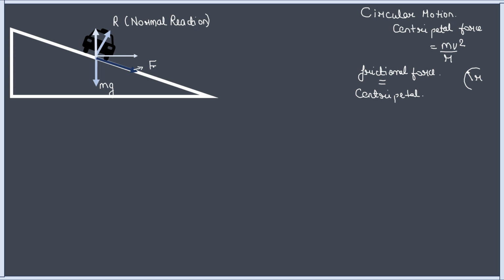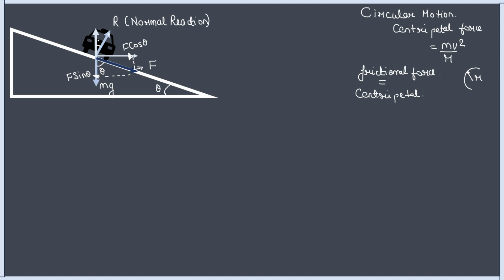If this angle is theta, this angle is also theta, then we have two components of f: one is f sin theta and one is f cos theta. This component here will be f sin theta, and this component here will be f cos theta. Now this arrow is the vector of normal reaction. Here also we have two components.